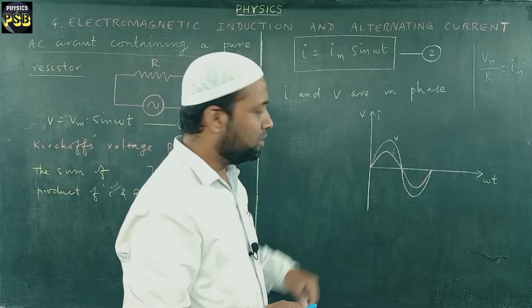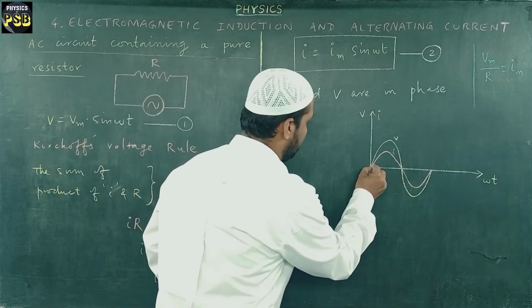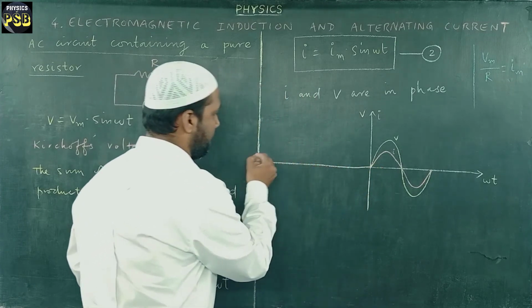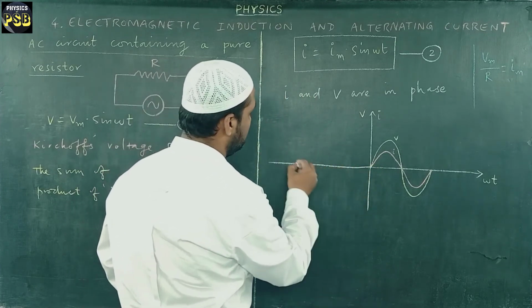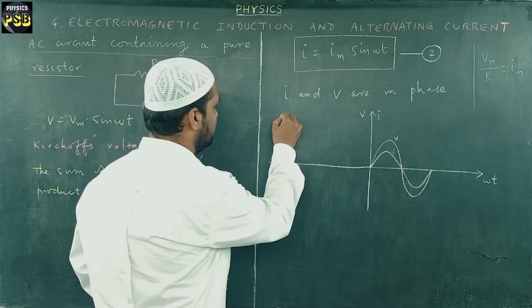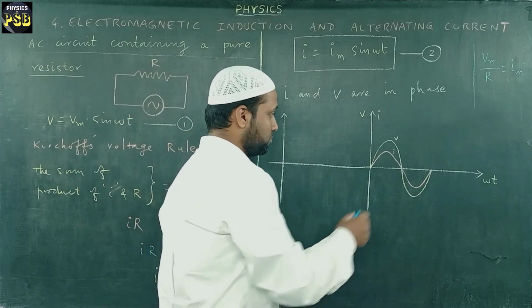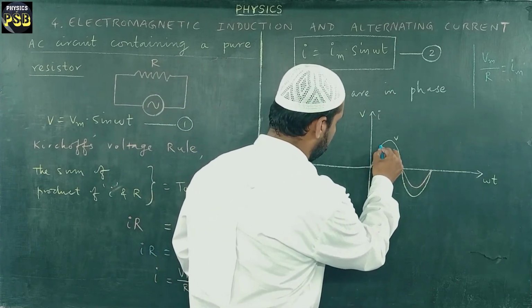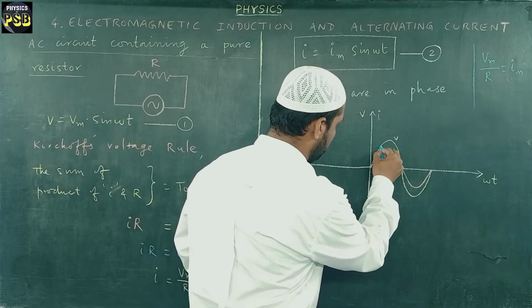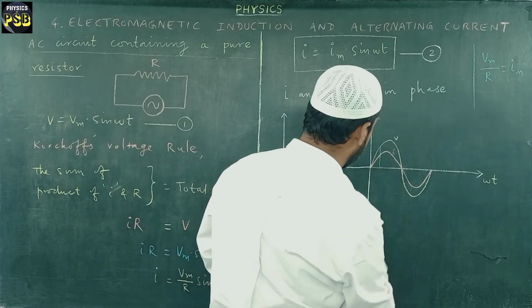Now I'm going to draw the phasor diagram. For that I extend the axis. This is the x-axis. This one is the y-axis. Now I take a point somewhere here, around 45 degree.